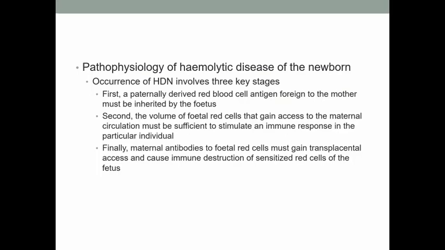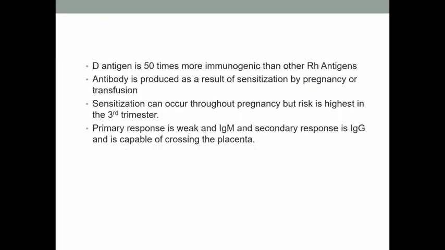So my mother does not have the Rh antigen. Then these Rh positive red blood cells will stimulate the white blood cells to produce antibodies against these Rh positive cells, and these antibodies are what will cause the immune reaction.